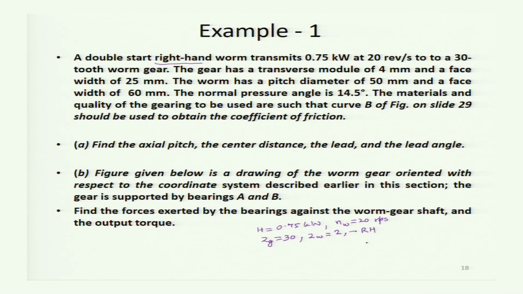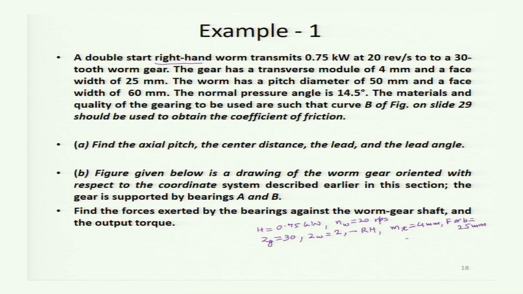The gear has a transverse module of 4 mm, MT is 4 mm, and a face width of 25 mm. Face width F or B, whatever notation is adopted, is 25 mm.